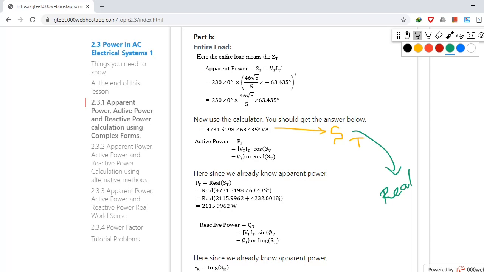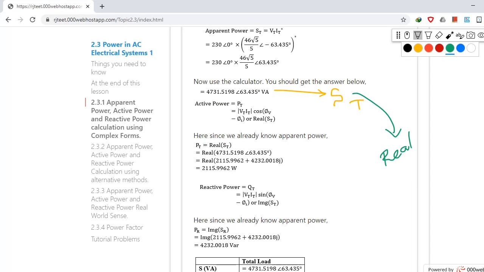We discussed already these methods, and simply I would use this Cartesian form method, and in this case I can directly find the active power by taking out the real part. So the real part would be this one, it's equal to the active power. My active power of the entire load is 2115.9962 watts. Remember, the unit is watt for active power.